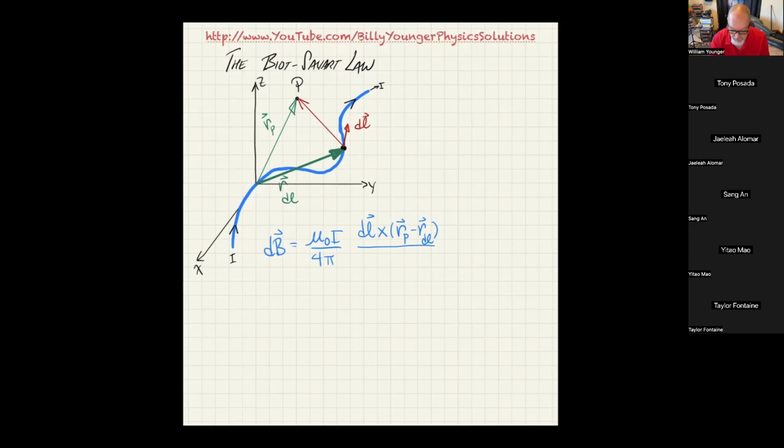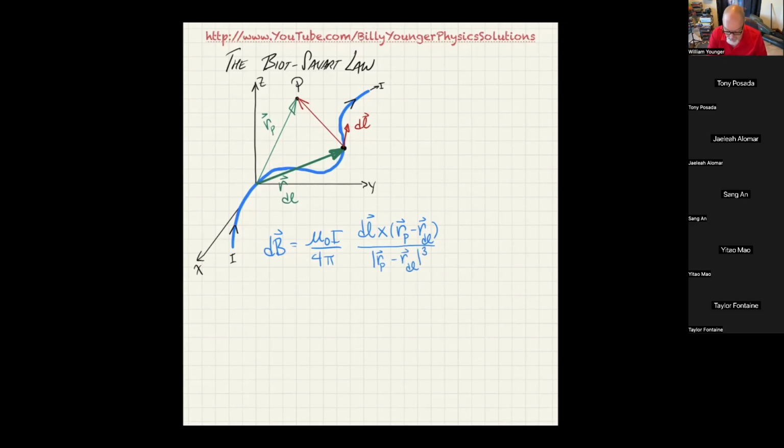But again, the magnetic field magnitude should be just the DL divided by the magnitude of the distance squared, and then times mu 0 I over 4 pi. But I've already got an extra magnitude of RP minus RDL in the numerator. So what I'd have to do is take RP minus RDL, and I've got to cube it to account for the extra one that's above.